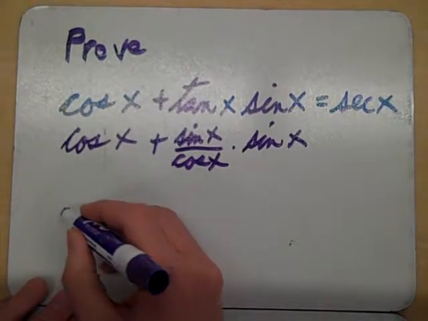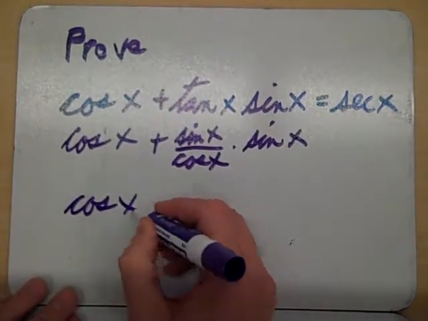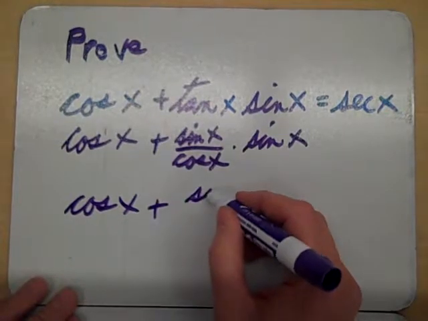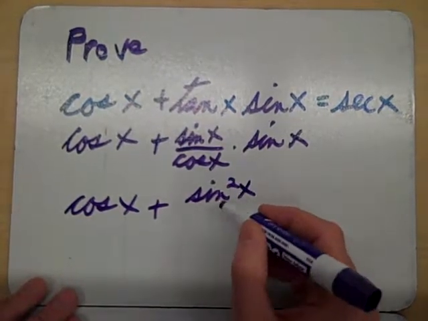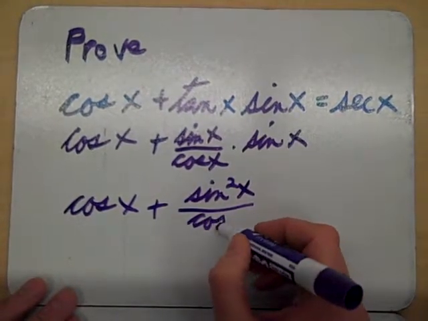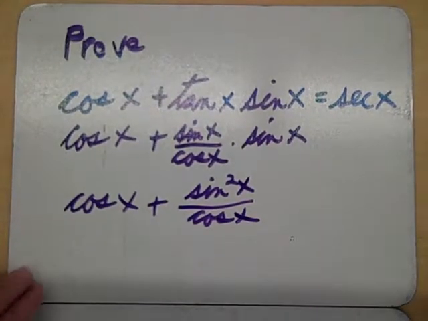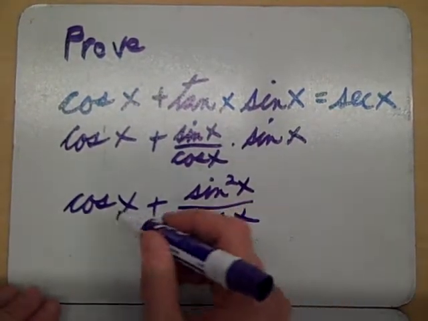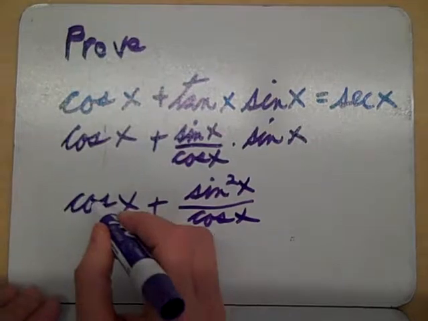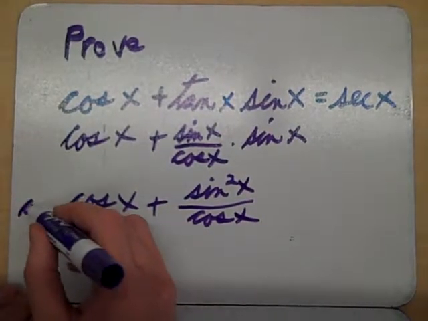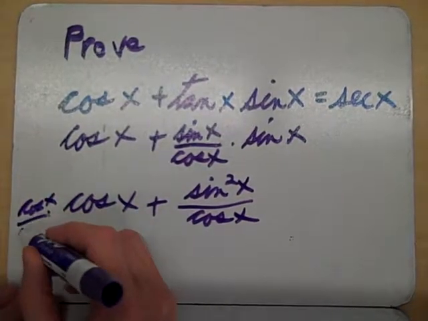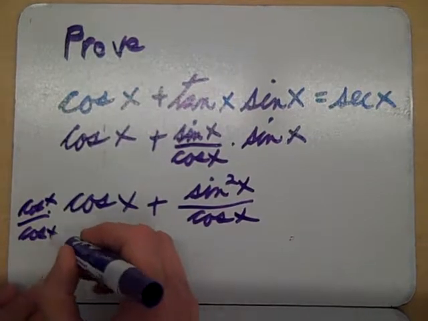So I'm looking at cosine x plus sine x times sine x, which is sine squared x over cosine x. So I'm going to multiply this one by cosine x over cosine x so that I can have a common denominator. I think it'd be easier if we get everything into one.